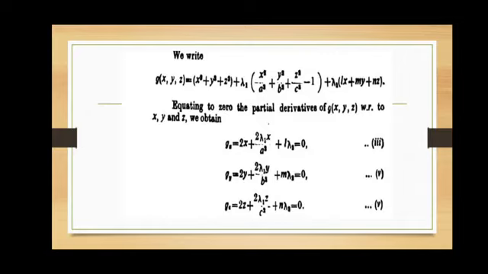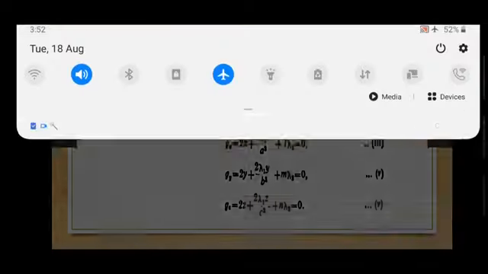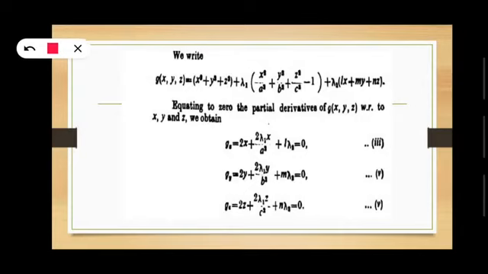So g of x comma y comma z is equal to x square plus y square plus z square plus lambda 1 into x square by a square plus y square by b square plus z square by c square minus 1 plus lambda 2 into lx plus my plus nz. Now first we calculate the partial derivatives of g. So first we calculate dou g by dou x.